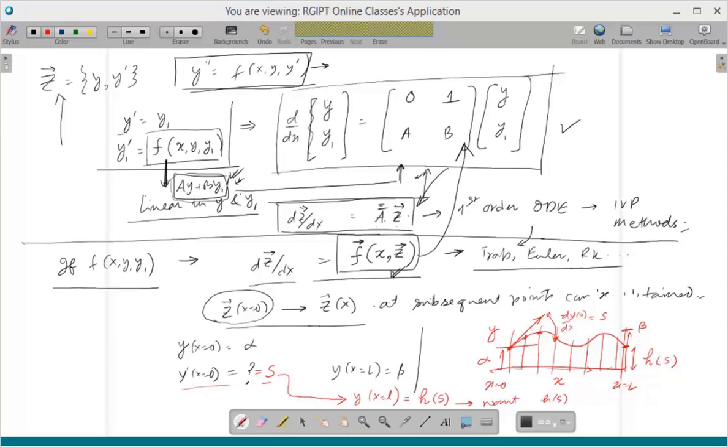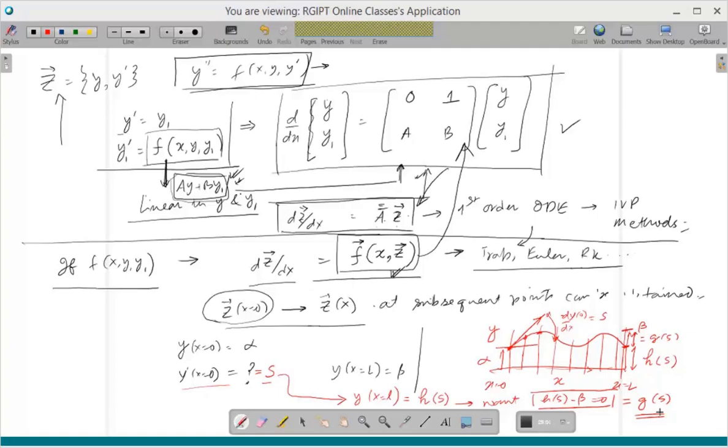So I want h of s minus beta to be equal to 0. Let me call this function g of s. So g of s is basically the error at the boundary with respect to the specified boundary condition. I want to adjust my s so that g of s is 0. That's the whole deal.